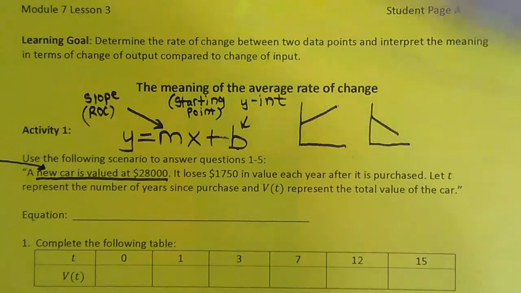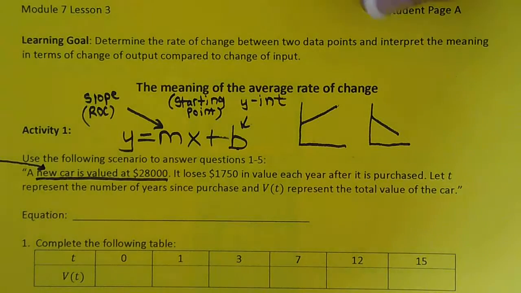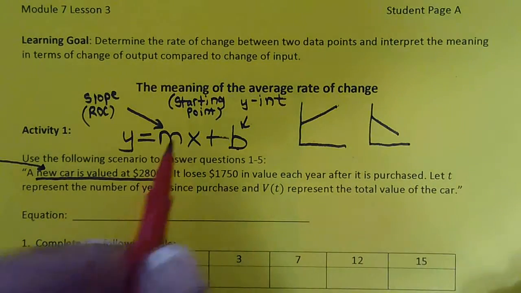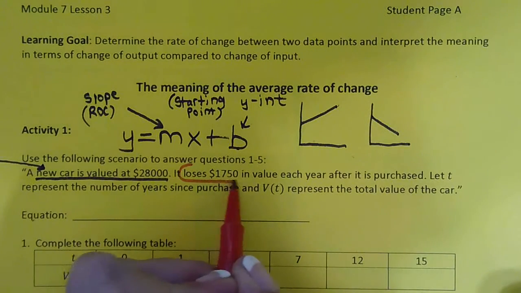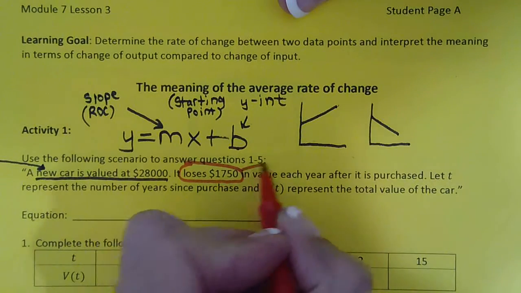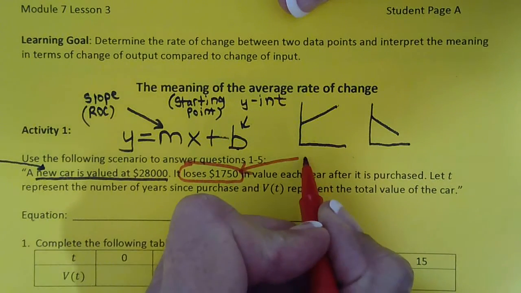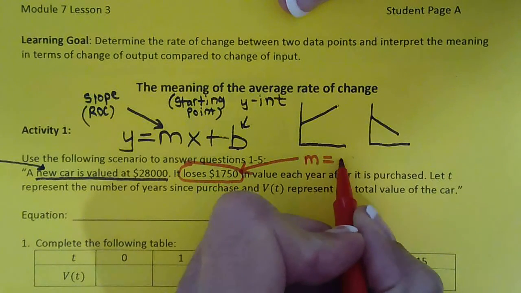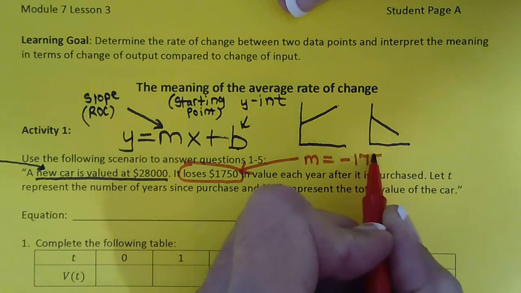And then loses, gains, increases, decreases. Those are words we use for slope, how fast it's going down, how fast it's going up. So right away when I see loses, then I go, oh, look it, and they already gave me the slope. And I hope you understand that when it's loses, that means it's going down. So the M is negative 1750.